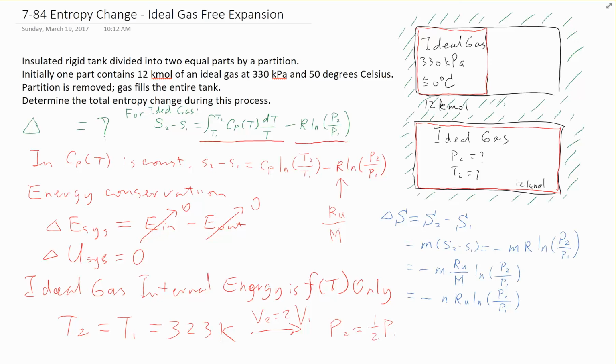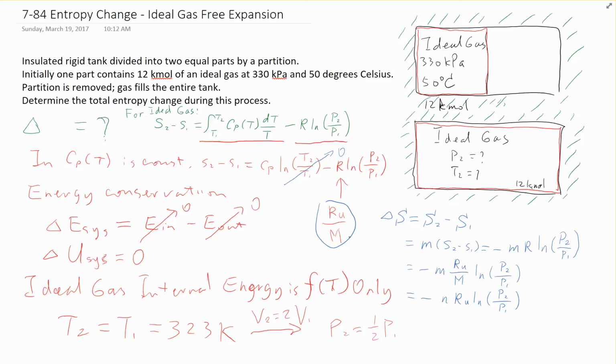All right, here I have rewritten the equation. Now, recognizing that T2 is equal to T1, this term becomes 0, and we only need to consider the pressure change caused the entropy change. Also recognize that the gas constant for a particular gas is equal to the universal gas constant divided by the molecular mass of the ideal gas.